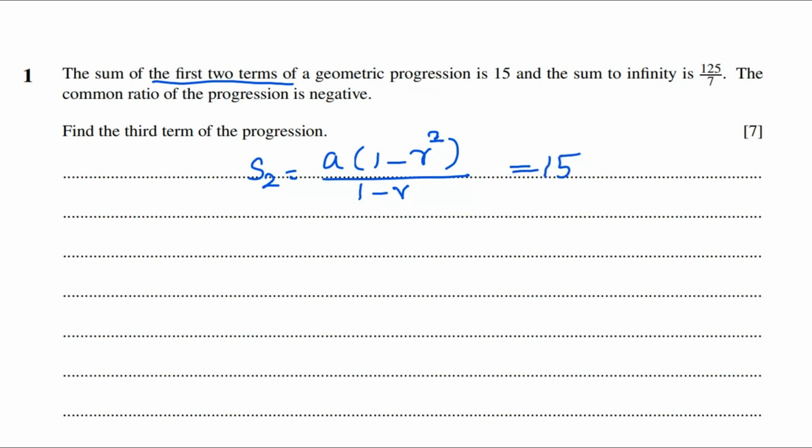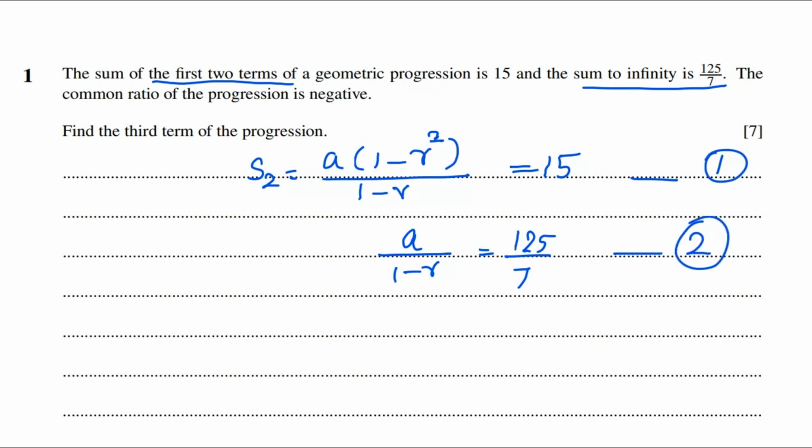And next, the sum to infinity is 125 over 7. The sum to infinity formula is A divided by 1 minus R, which is equal to 125 divided by 7. I will mark this as 1 and this as 2. So A divided by 1 minus R.